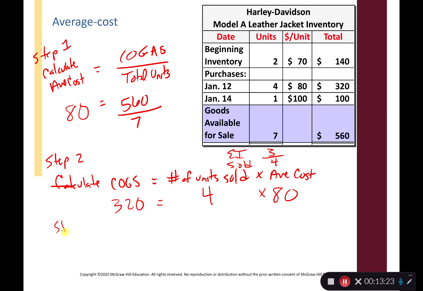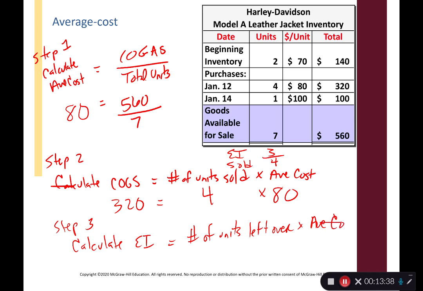And then step 3 is going to be to calculate ending inventory, which is going to be the number of units left over times the average cost. The number of units left over would be 3 times the average cost of 80, which would give me 240. And then, lo and behold, 320 plus 240 is indeed 560. So that's our verification that we did it correctly.